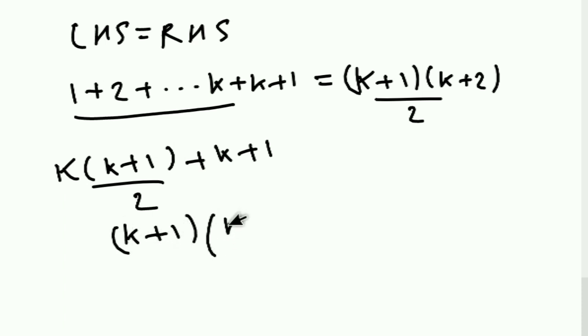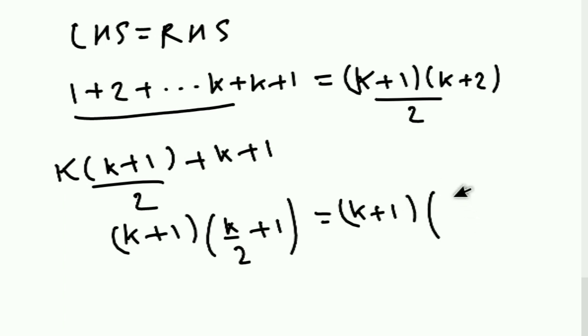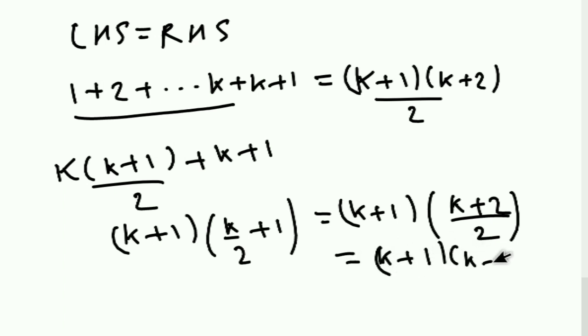We will be left with k by 2 plus 1, which is equal to k plus 1 into k plus 2 divided by 2. So this is our right hand side. So we have proved that left hand side is equal to right hand side, and we can say that P of k plus 1 is also true.